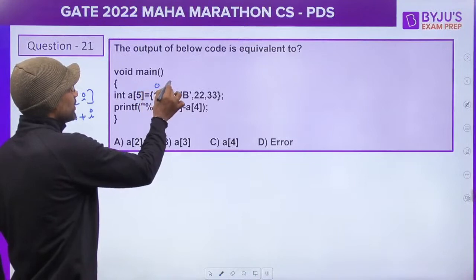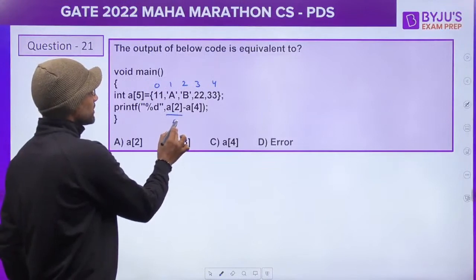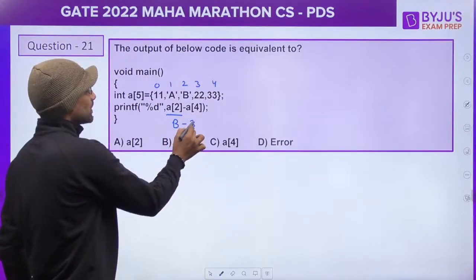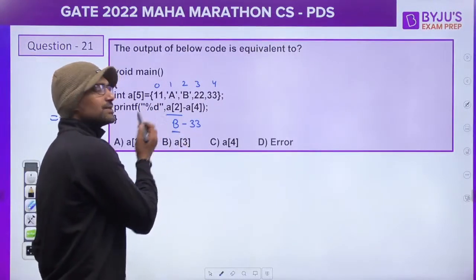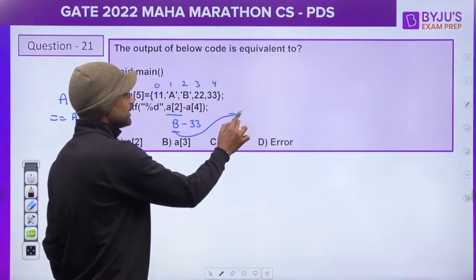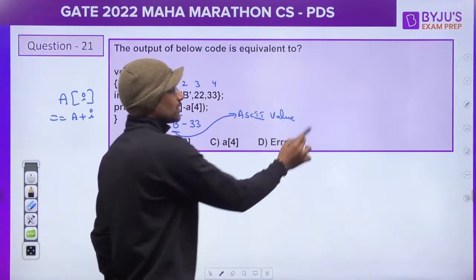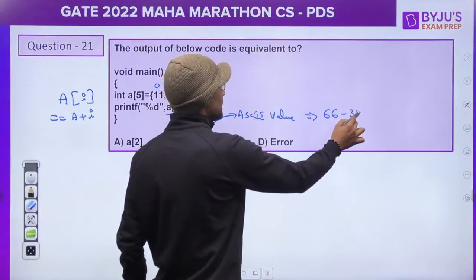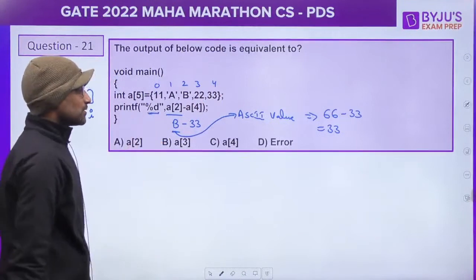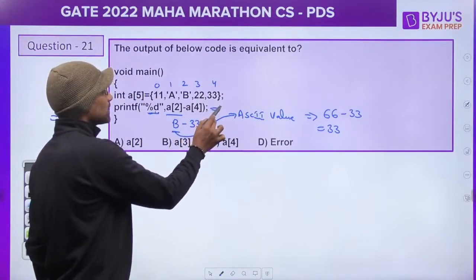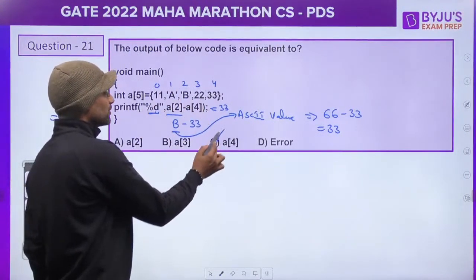This is a[0], a[1], a[2], a[3], a[4]. A[2] means B, a[4] is 33. B minus 33 means B ASCII value is taken. So what is B ASCII value? 66. That means 66 minus 33. That is 33, and we are printing it as integer, so the output would be 33. That is equivalent to a[4].